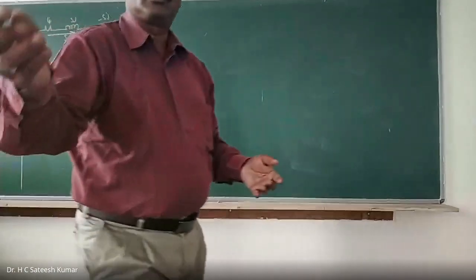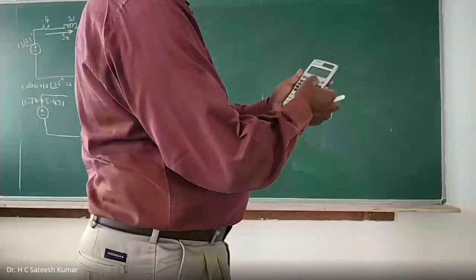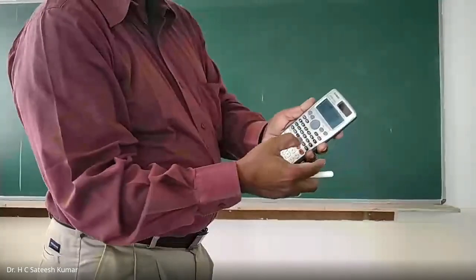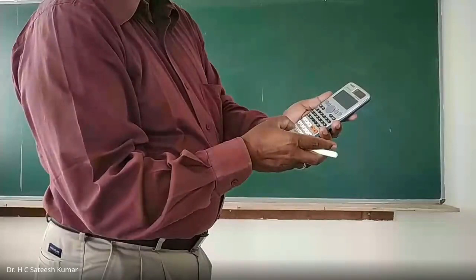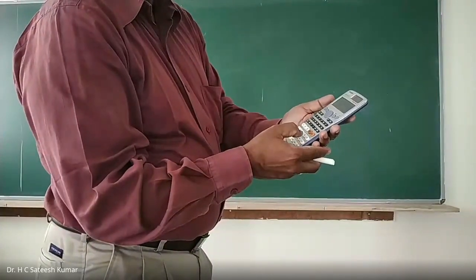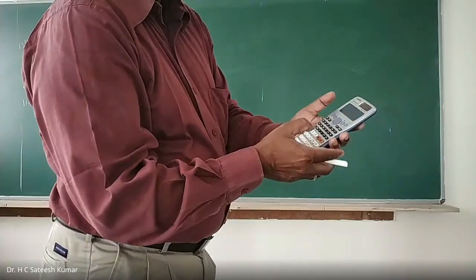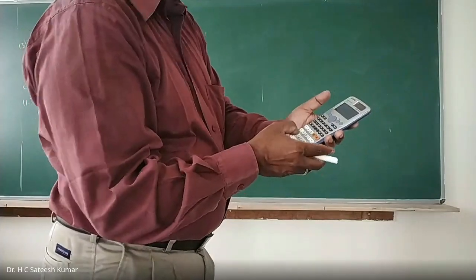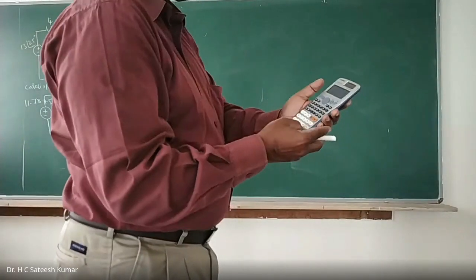I will show you the conversion here. So you press it. Okay, right. 13 at an angle, in the sense here, shift angle, what is that? Real part, 25, equals.